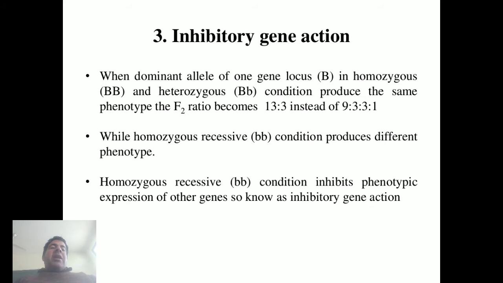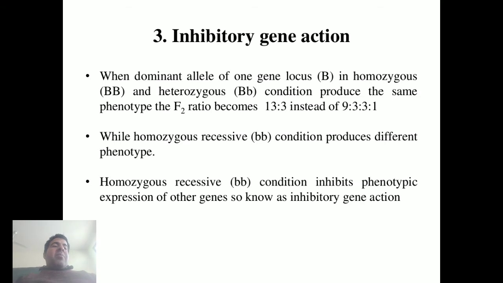Next is inhibitory gene action. When the dominant allele of one gene locus B, in homozygous BB and heterozygous Bb condition, produces the same phenotype, the F2 ratio becomes 13:3 instead of the 9:3:3:1 ratio. While the homozygous recessive bb condition produces a different phenotype.